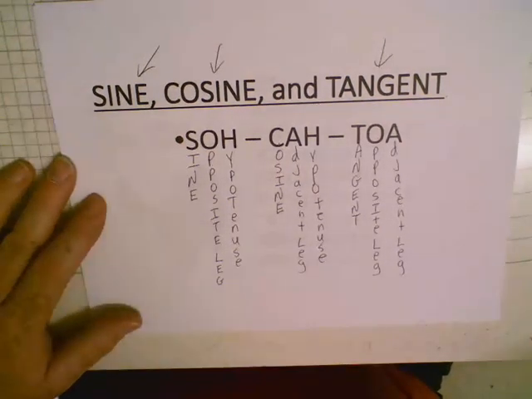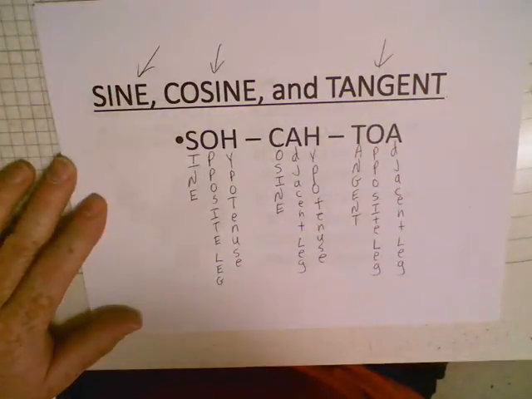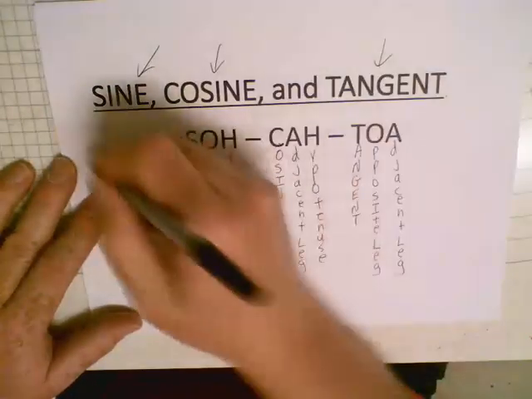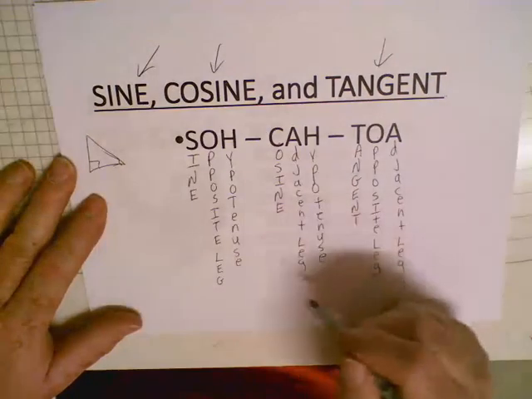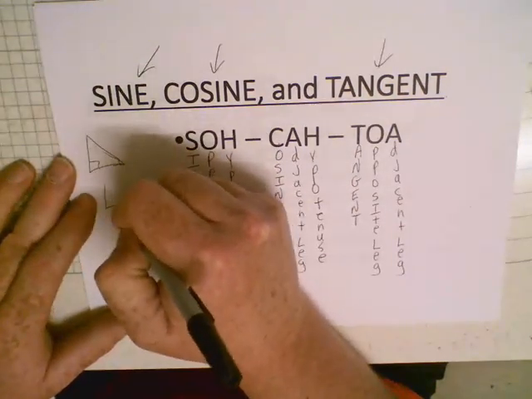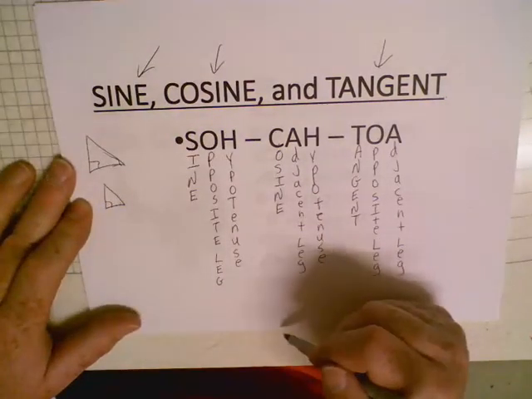Remember, these are ratios. Instead of what we've been doing, using Pythagorean's theorem, dealing with right triangles and knowing two sides and finding the third, we also did similar triangles where we matched up the triangles and set up proportions.